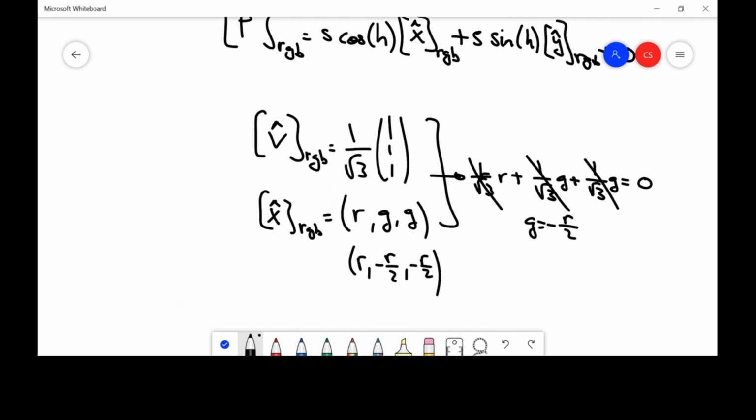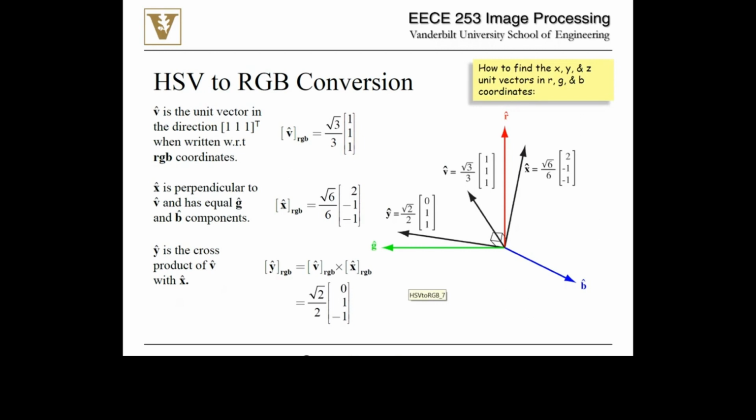Among all those vectors, there is only one that has unit length. So that is fixing the R. Okay, so now the condition is R squared plus R divided by 2 squared plus R divided by 2 squared has to be 1. Now you solve for R. So there is only one that has a unit length. And that one is this one.